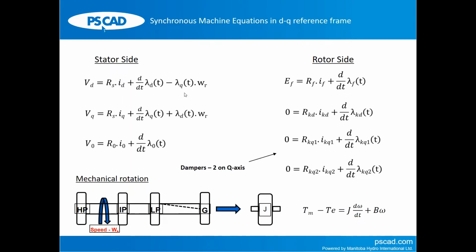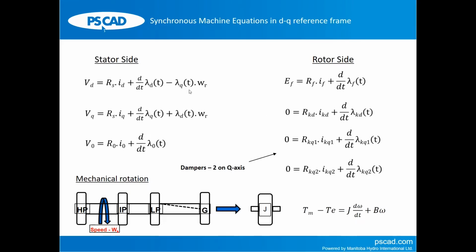Then you have the term lambda Q multiplied by the rotational speed, flux linkage multiplied by the speed. You can say this is the induced voltage because the windings are rotating.